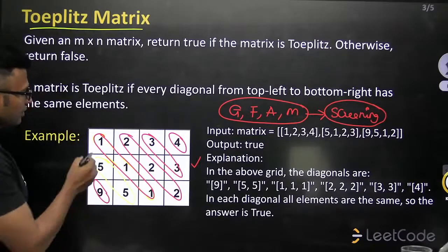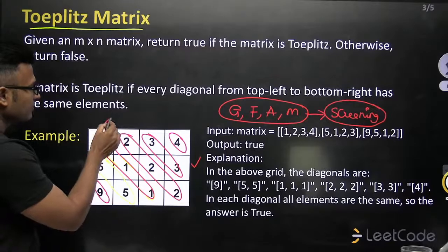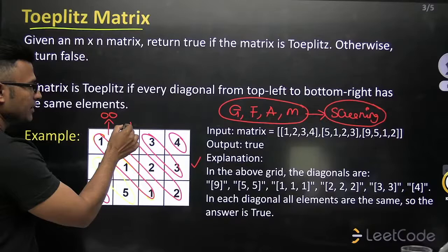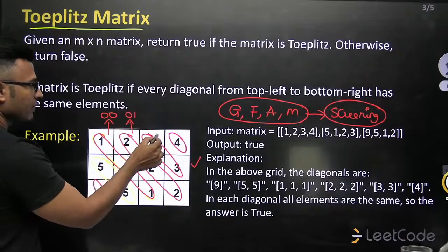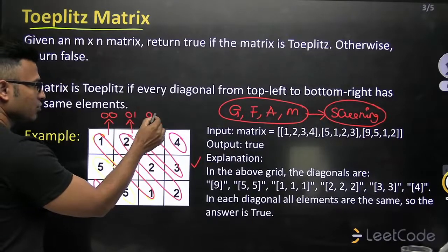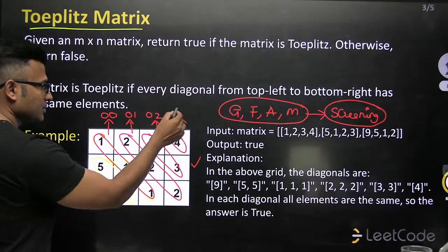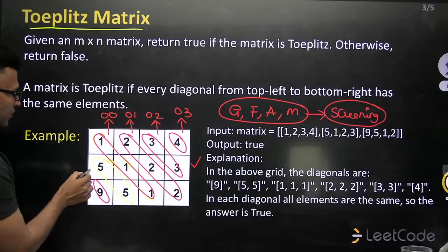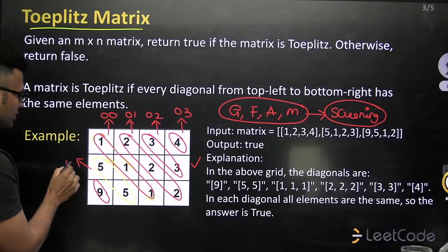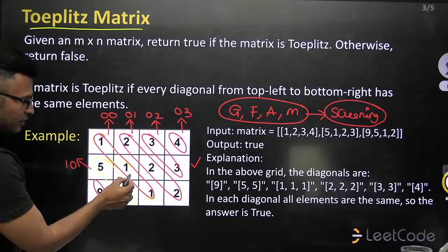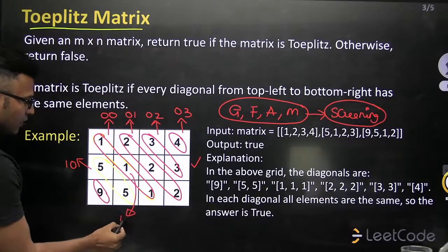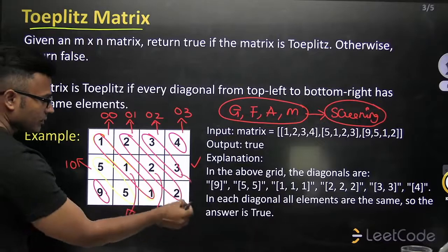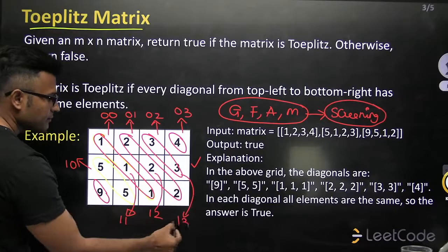See guys, now this particular element is 0 0 and this particular element is 0 1, this particular element is 0 2 and this particular element is 0 3, right? And now this particular element is 1 0, and this particular element is 1 1, this particular element is 1 2, this particular element is 1 3, right?